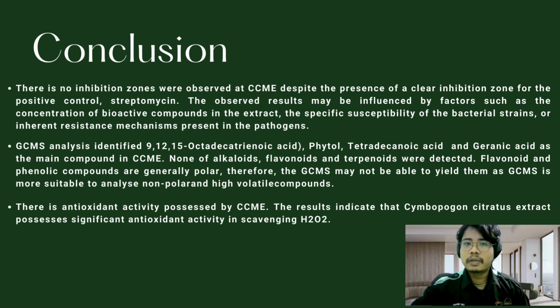GCMS analysis identified octadecanoic acid, phytol, tetradecanoic acid, and geranic acid as the main compounds in C. citratus methanol extract. None of the alkaloids, flavonoids, and terpenoids were detected. Flavonoids and phenolic compounds are generally polar, therefore GCMS may not be able to yield them, as GCMS is more suitable to analyze nonpolar and highly volatile compounds.